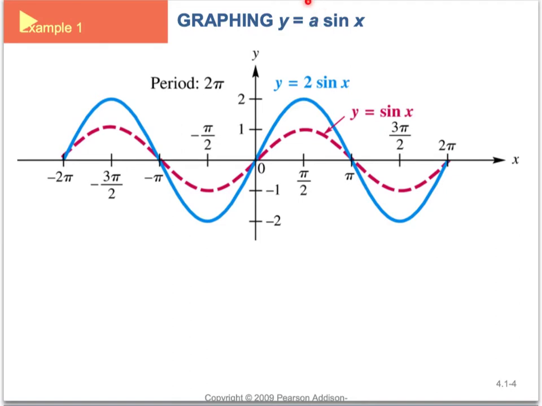So whenever we have a coefficient of the sine, that's called the amplitude. And that's basically going to take this normal sine curve and it's going to stretch it vertically. Okay, so when our normal sine curve's maximum is 1, you're going to take your a value and multiply the 1 by the a to give you that stretch.